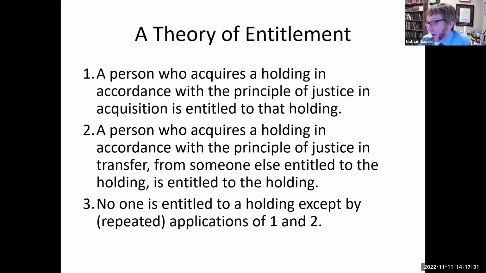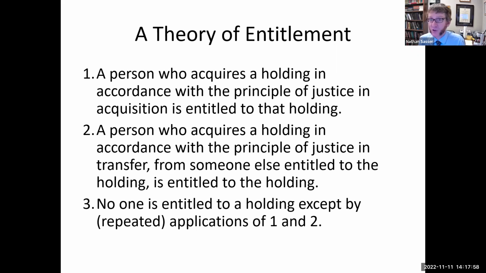Similarly, if I transfer the coconuts to you in accordance with the principle of justice in transfer, and if I was entitled to them in the first place, then you are entitled to the coconuts now. So whatever that rule is, if we follow it and I was entitled to them first, then you're entitled to the coconuts now.